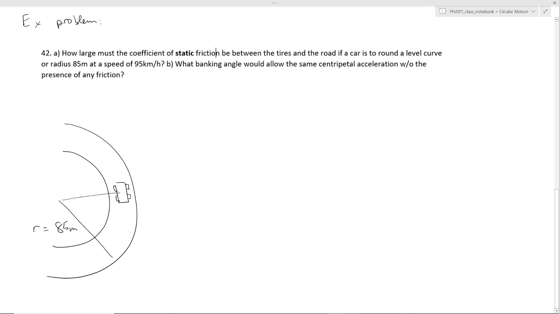And this thing is going at a velocity of 95 kilometers per hour.